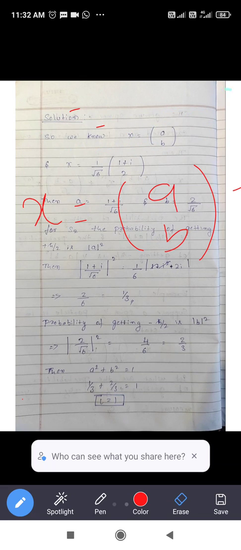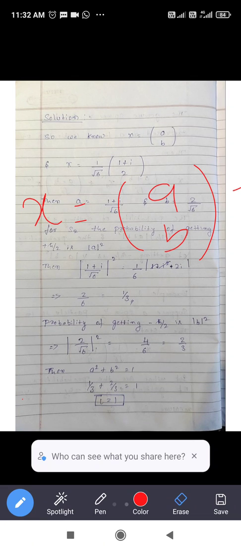Then equate. You know what the question is. The given chi is equal to 1 over root 6 times the column matrix (1 plus i, 2).